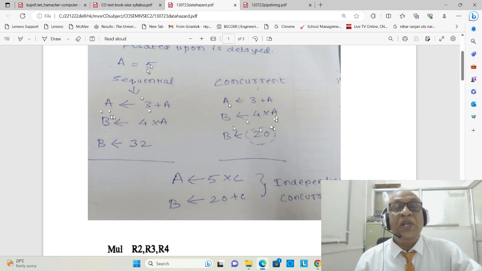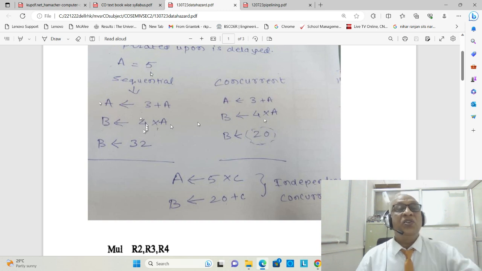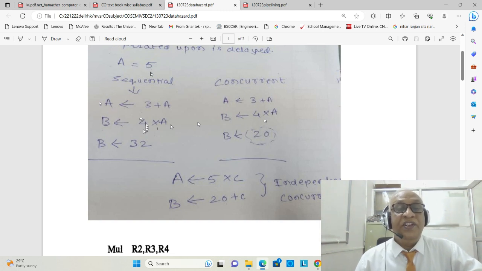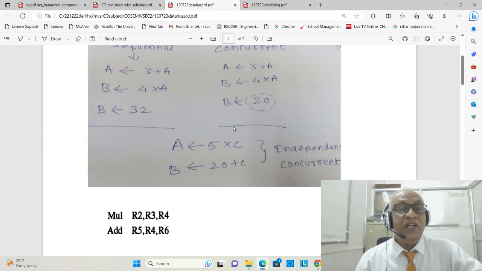So this will be a wrong calculation. What is the takeaway from these sequential and concurrent instruction execution comparisons? If there is a dependency, then it is better to go for sequential execution.